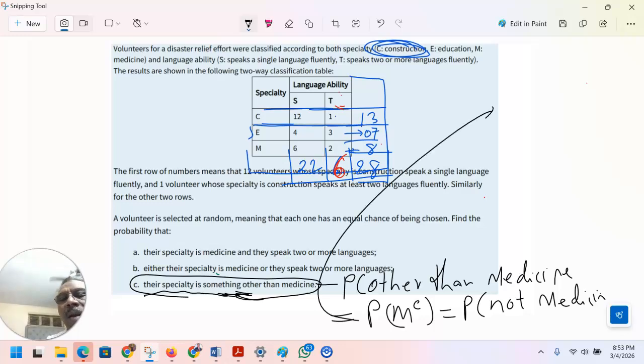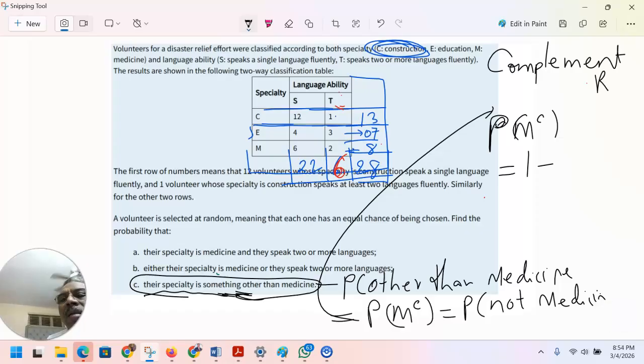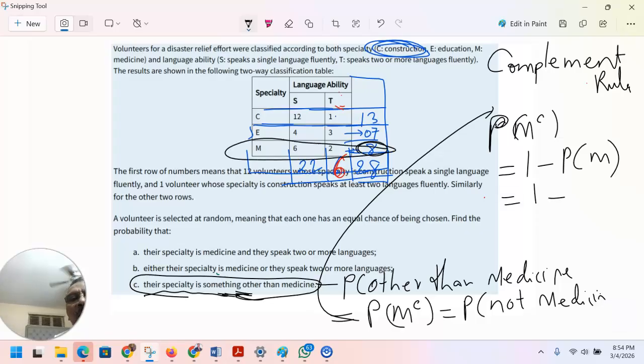The probability of the complement, that the person is not in medicine, is the same as 1 minus the probability of medicine, by the complement rule. Now 1 minus medicine, so how many are in medicine? You can see there are 8 of them.